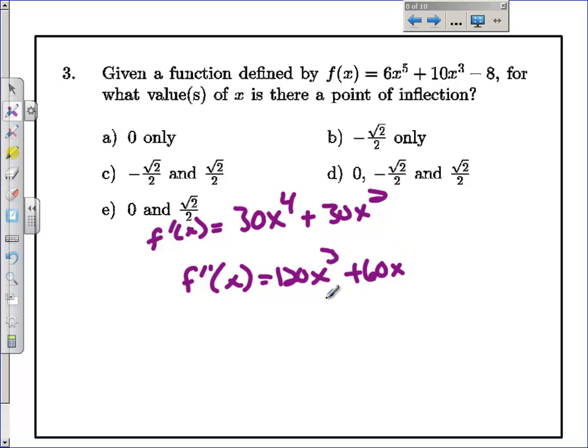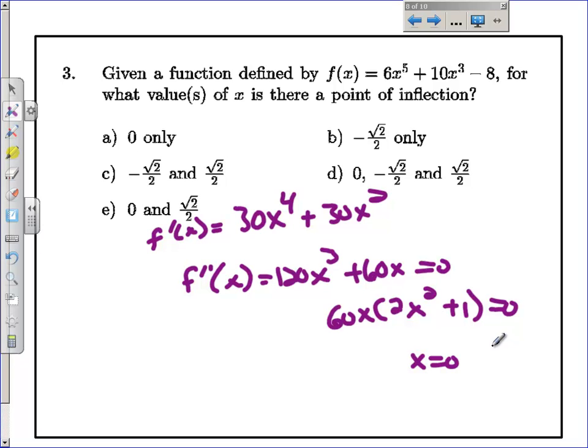We factor out a 60x, and I get 2x squared plus 1 equals 0. This happens when x equals 0, and also when x squared equals negative 1, and that's like a question mark, because if you set 2x squared plus 1 equal to 0, you can't take the square root of negative 1. So we're just going to look here at x equals 0.